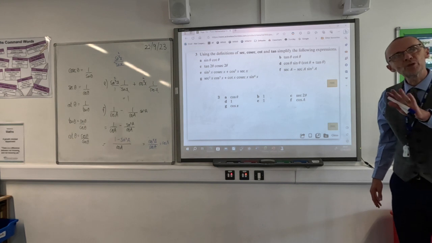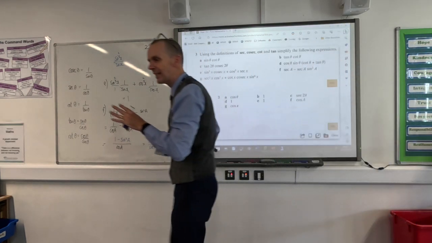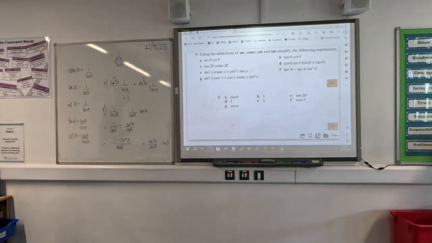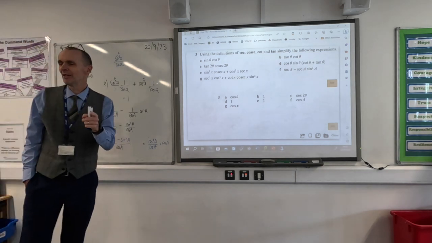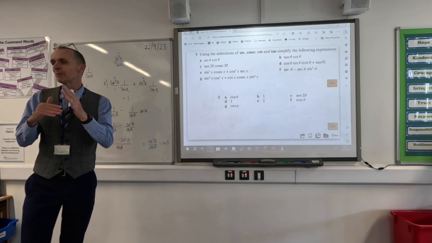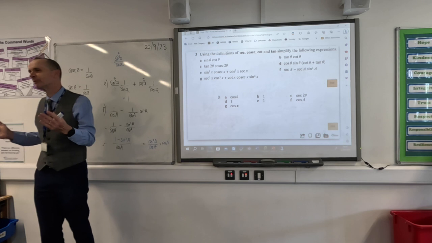So let's now move into what might be asked of us in an exam in questions involving these reciprocal functions. You know, I sometimes reflect on how far we've come from working out missing lengths and angles in right-angled triangles, which is where we first meet sine, cos and tan. We are a million miles removed from that now, aren't we?